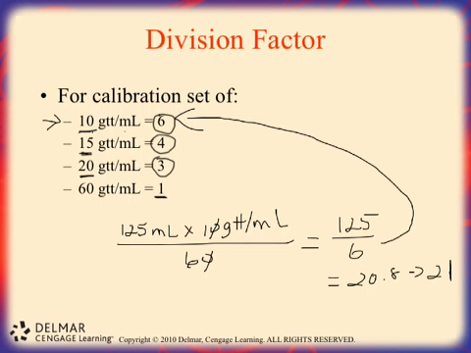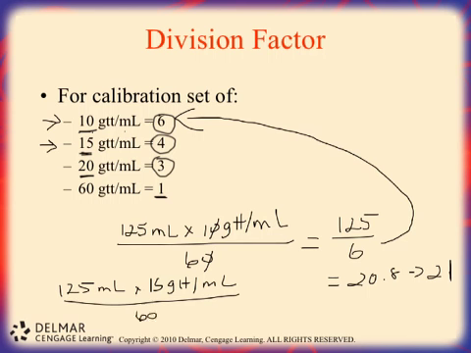If we did it with the next one, 125, we use, say, this set, it would be 125 milliliters times 15 drops per milliliter, again over 60, that's our time. And so what would we be doing here? 15 goes into 60 4 times.